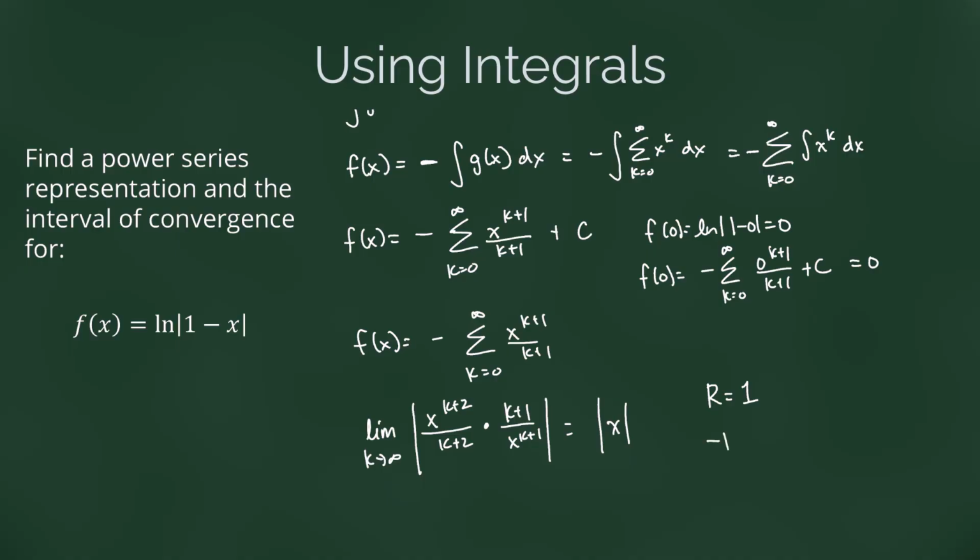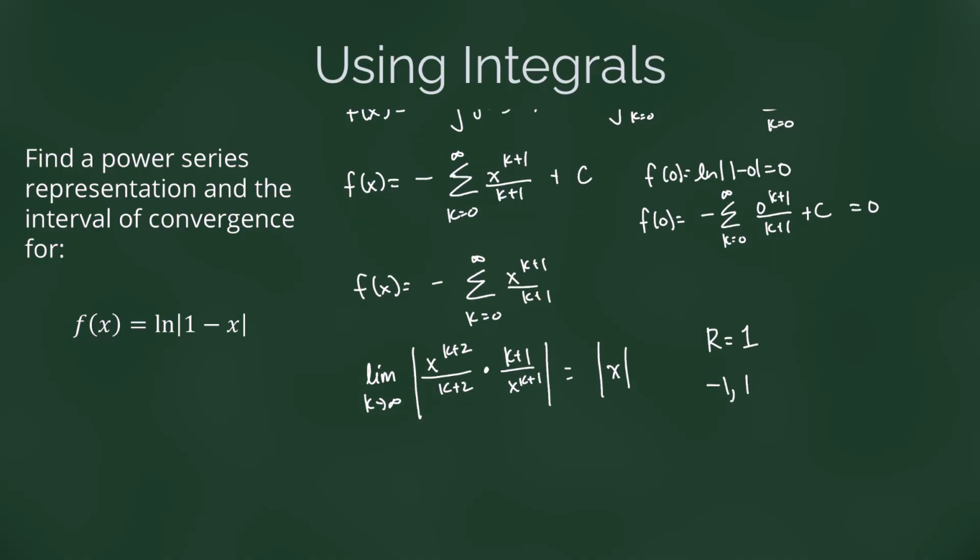Our interval of convergence is going to involve -1 and 1, but let's check our endpoints. So at x equals -1, let's do positive 1 first. At x equals positive 1, f of 1 is then the negative sum from k equals 0 to infinity of 1 over k plus 1, which we know diverges.